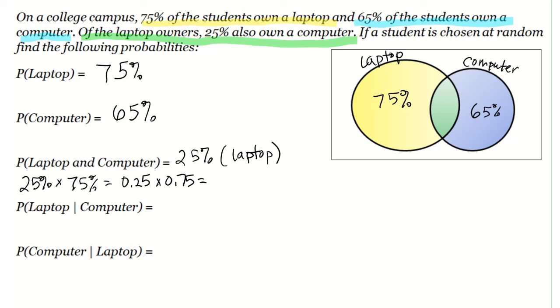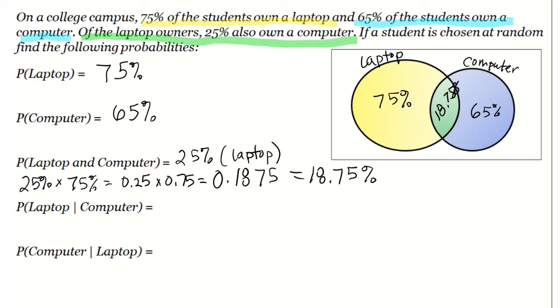And that's going to give me 0.1875, which is 18.75%. So the probability of owning both a laptop and a computer is going to be 18.75%. So I'm going to put that here in my green intersection.